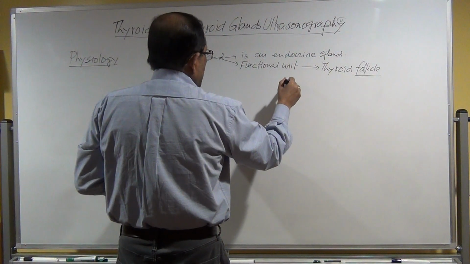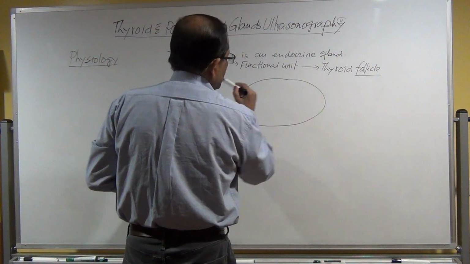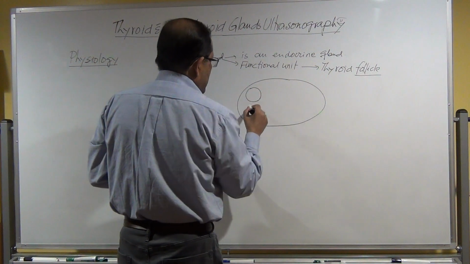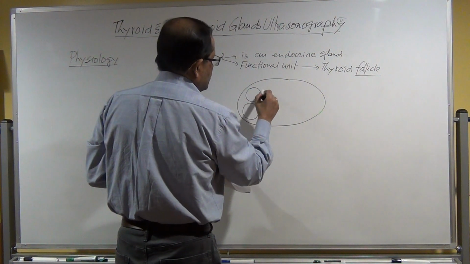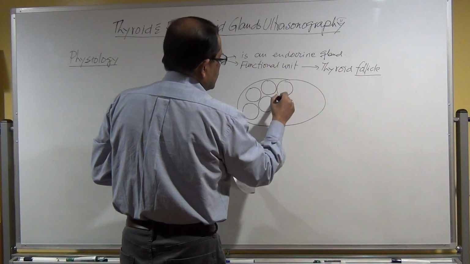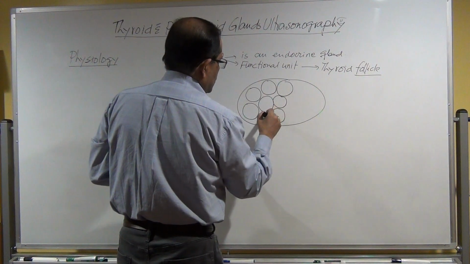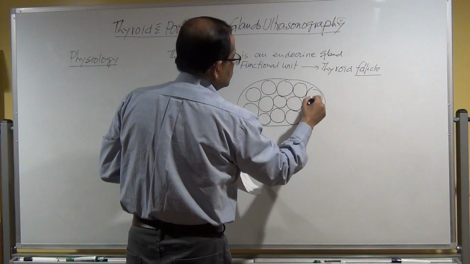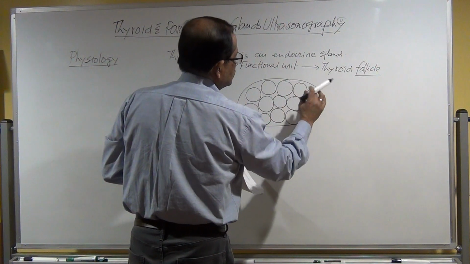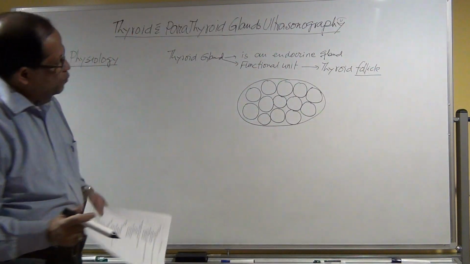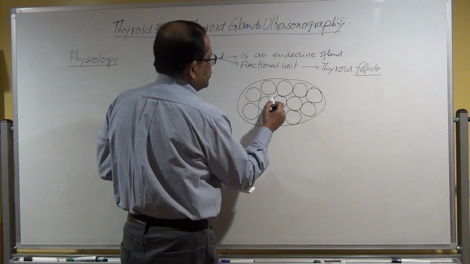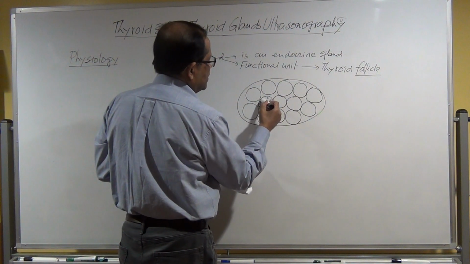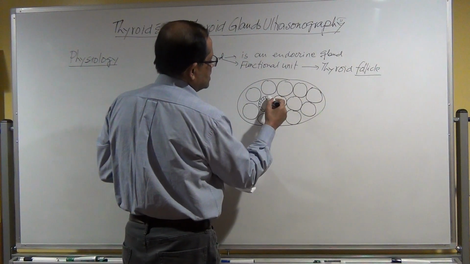If I draw the thyroid gland, this is the thyroid gland in cross-section view, then thyroid gland is composed of follicles, and this follicle has cuboid cells known as acinar cells.